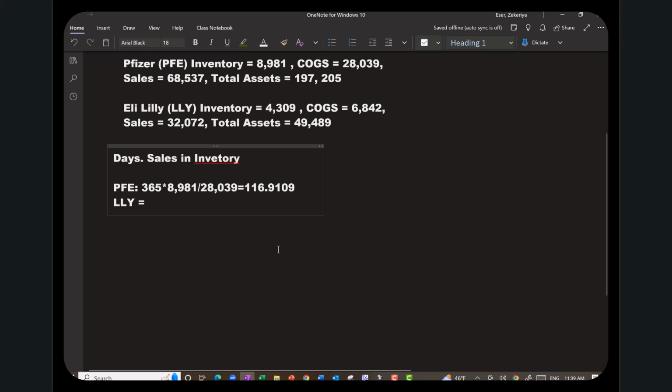In the old days, I could do all of this with 1 gig of memory, but the operating systems take so much memory these days. 365 times 4309 divided by 6842. 229.